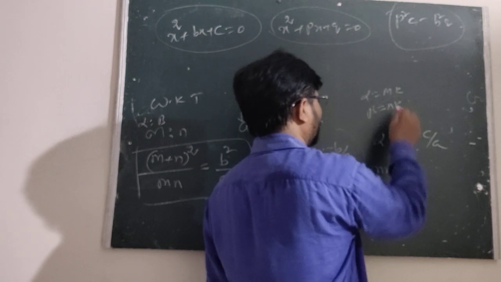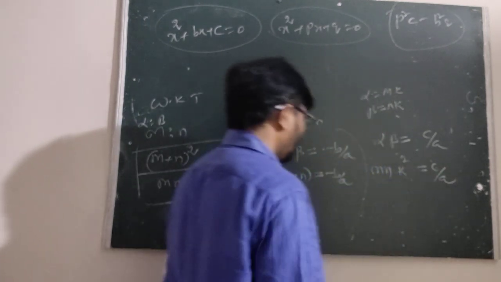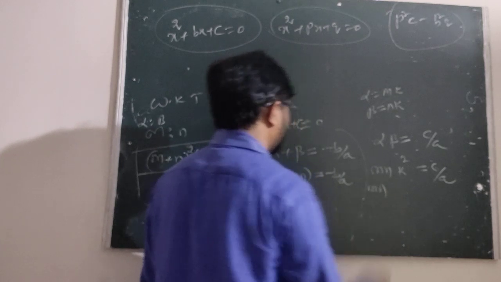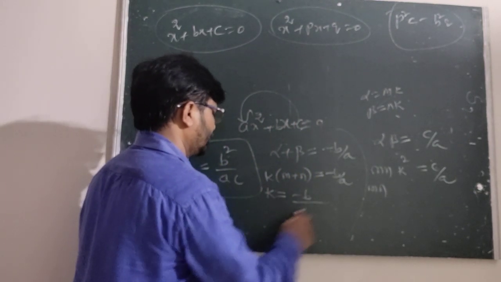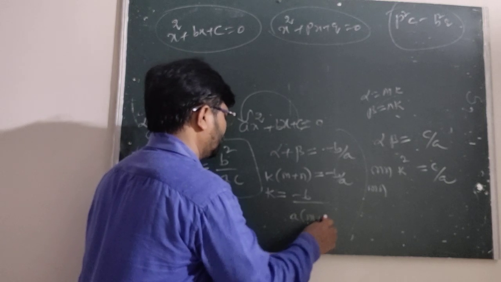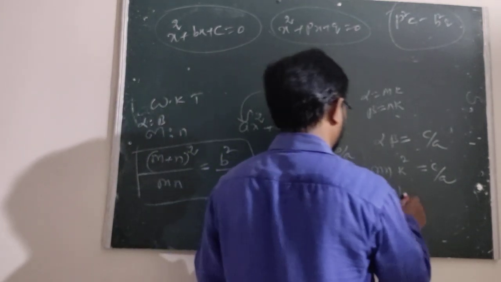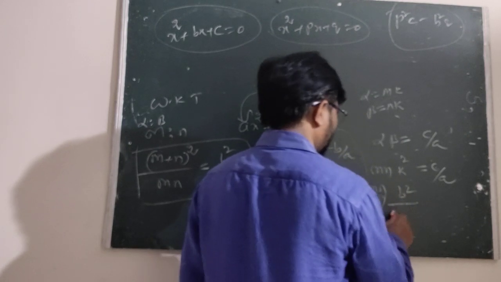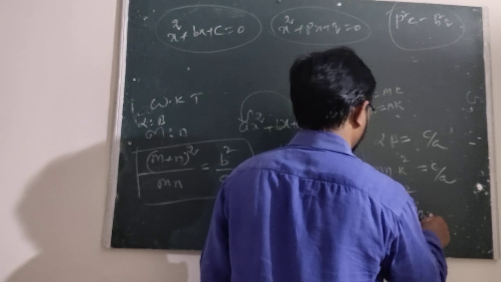Here mn k square is c by a. Now k equal to minus b by a into (m plus n), so k square is b square by (m plus n) whole square a square.